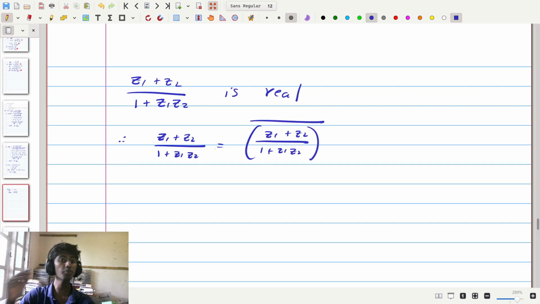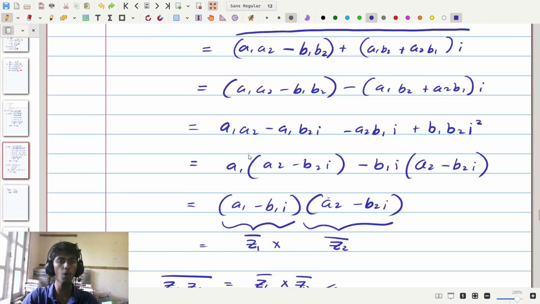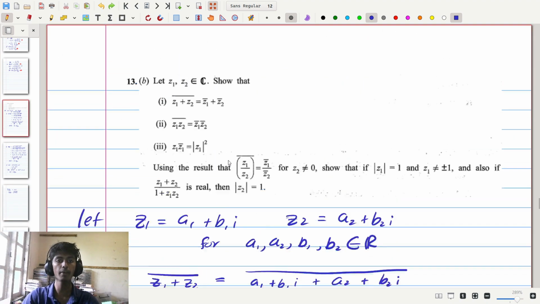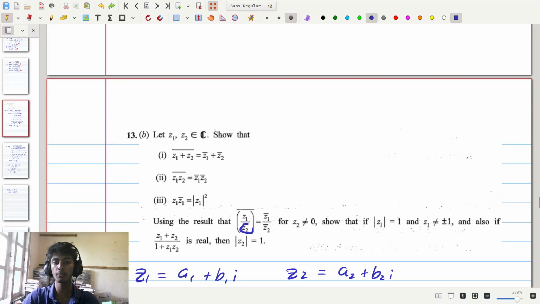This must be the case if it is a real number. Now working through this, we can see we have one number divided by another number conjugate. As we were told in the question, z1 divided by z2 conjugate is equal to z1 conjugate divided by z2 conjugate. Now we can see where this would be used.